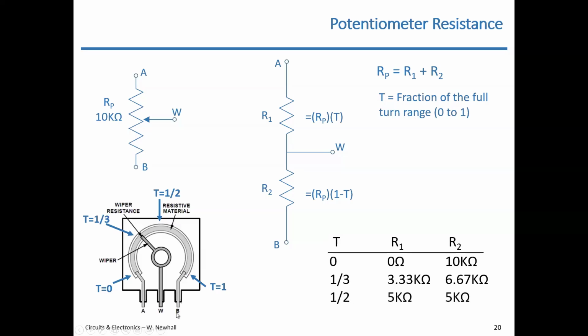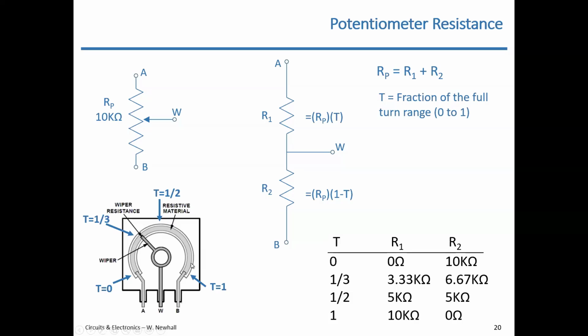And likewise, if I move the wiper to halfway, I'd have half the resistive material between W and A and half between W and B. And if I turn the wiper all the way to the right, the wiper would be touching or almost touching B. So I'd have 0 resistance between W and B because I have metal touching metal there. And 10K would be between A and W.